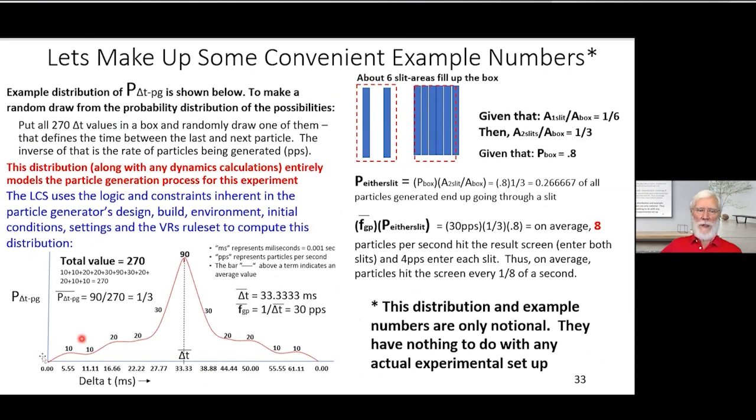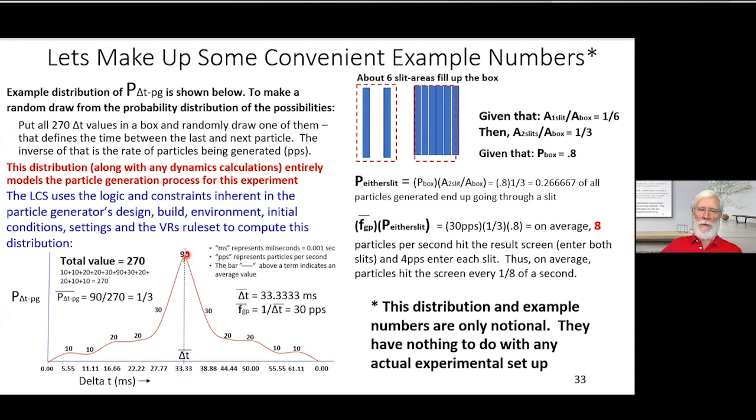Now, here's that distribution. And you see, these are probabilities now. Probabilities going up this axis. This is delta t in milliseconds. So here, the probability of getting 5.55 milliseconds is just 10. So there's 10 pieces of paper with 5.55 milliseconds written on it. There's 10 pieces of paper with 11.11 milliseconds written on it. But there's 20 pieces of paper with 16.66 milliseconds, and so on.